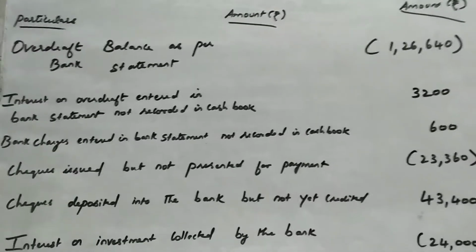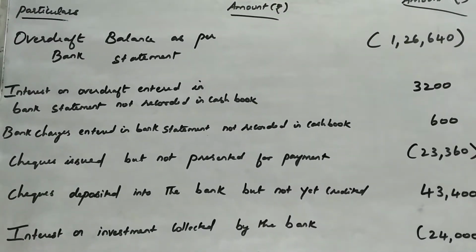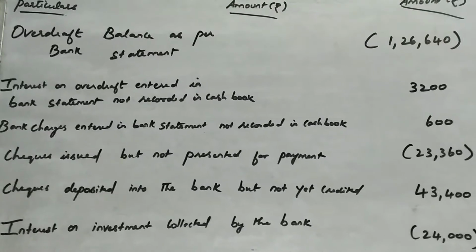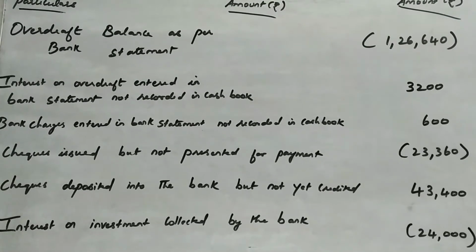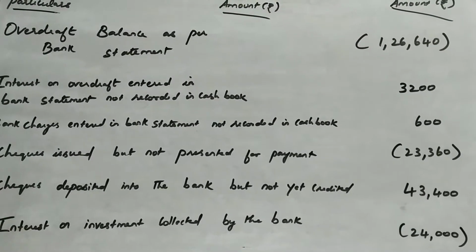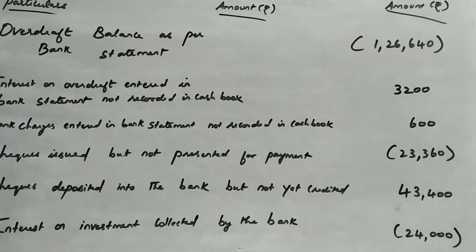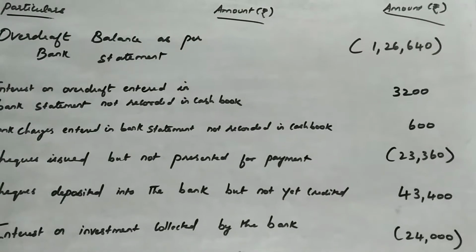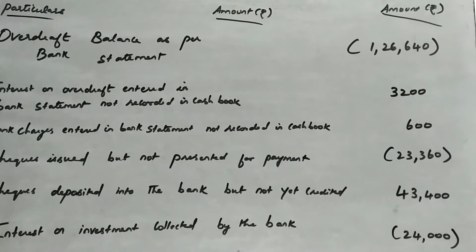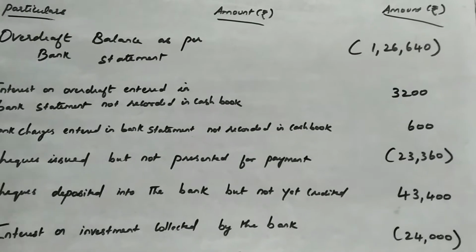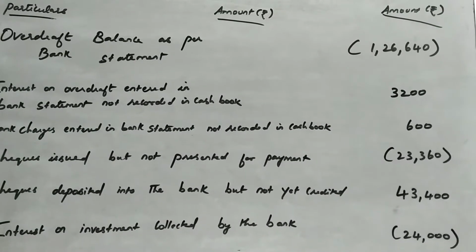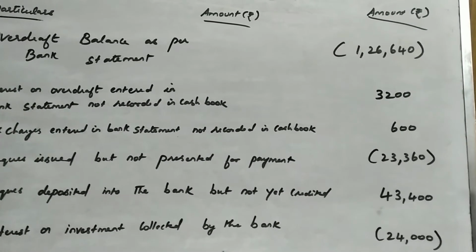The next item, interest on overdraft entered in the bank statement, not recorded in the cash book. As I told you, interest on overdraft will be automatically deducted from our bank account. So the bank balance is less, but our cash is more. We normally add this. So any adjustment to be made has to be done only with the bank side now. So this 3,200 normally we will add. Now I am going to put this without bracket.